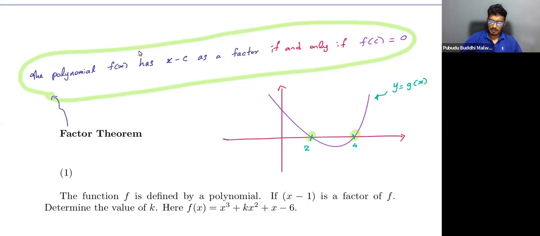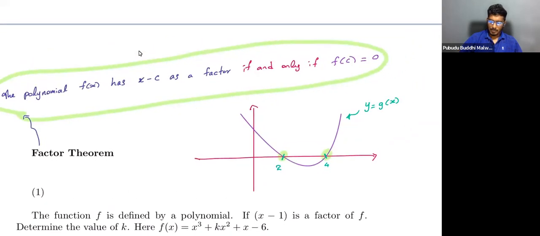Hence, we can write something like this. y equals 0 when x equals 2. And also, y equals 0 when x equals 4.